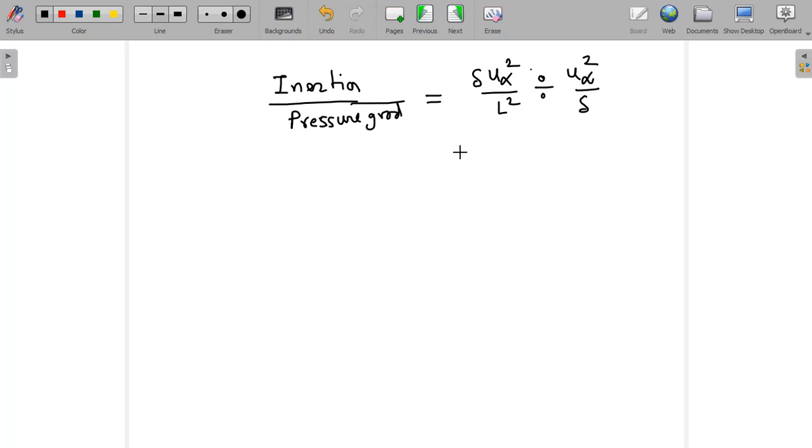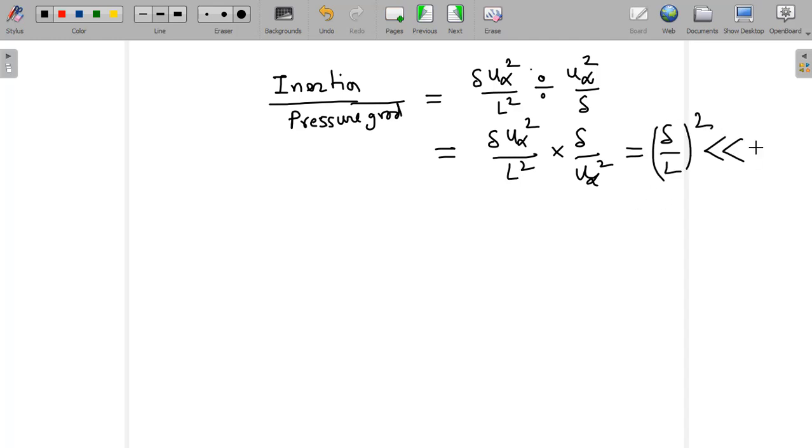If you simplify, it will be delta u infinity square by L square into delta by u infinity square, which comes to delta by L whole square. And delta by L whole square definitely is much less than 1. That means the inertia term can be neglected with respect to the pressure gradient term.